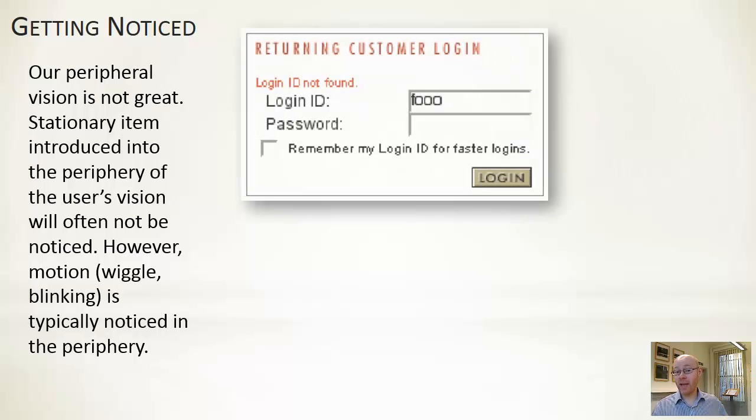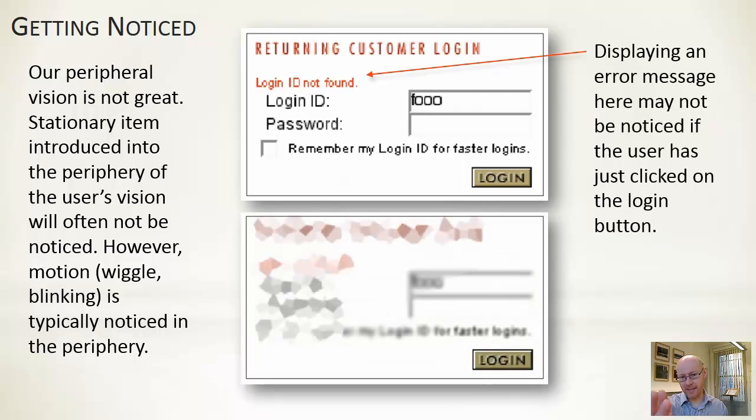So, again, an example here. It's maybe a returning customer log-on screen asking for a login ID and a password. Then there's a login button down at the bottom right-hand side. If the user were filling this in and clicking on the login button, that's going to be their focal point. They will be focusing on it to make sure by way of the click that they've hit that particular button.